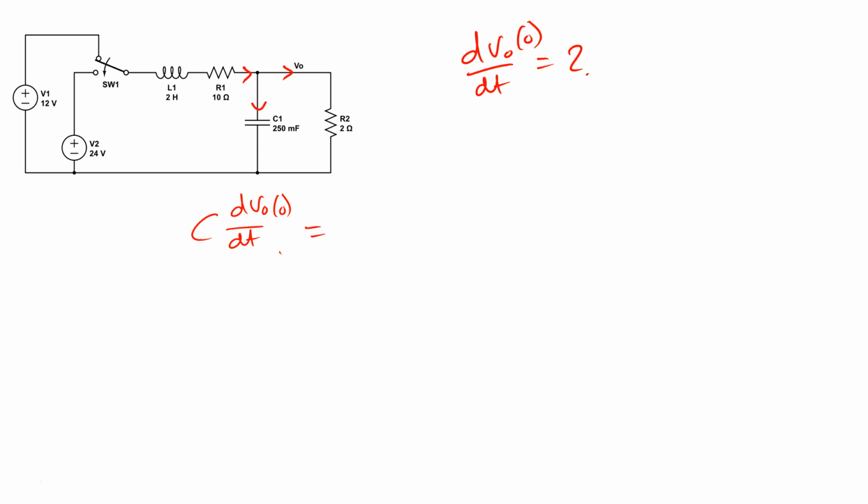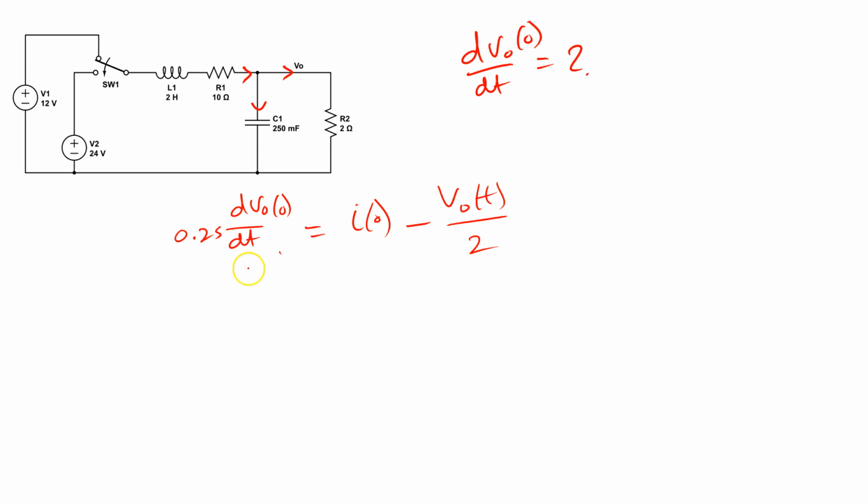It doesn't change instantaneously when the switch switches. So it is I at time 0 minus V0 at time t on R2, which is 2 ohms, and the capacitor here is 0.25.